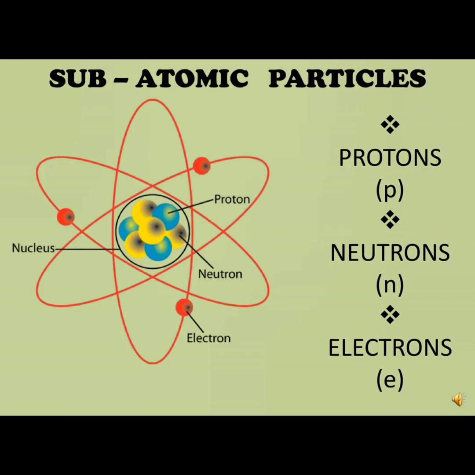The neutrons do not have any charge. They are not positive, they are not negative, they are neutral, and they are shown with the small letter n. And finally you have electrons. The electrons are negatively charged particles and they are shown with the small letter e.